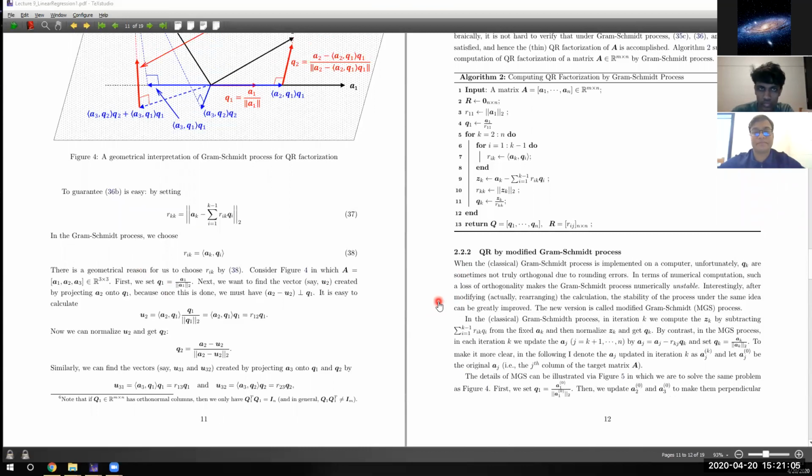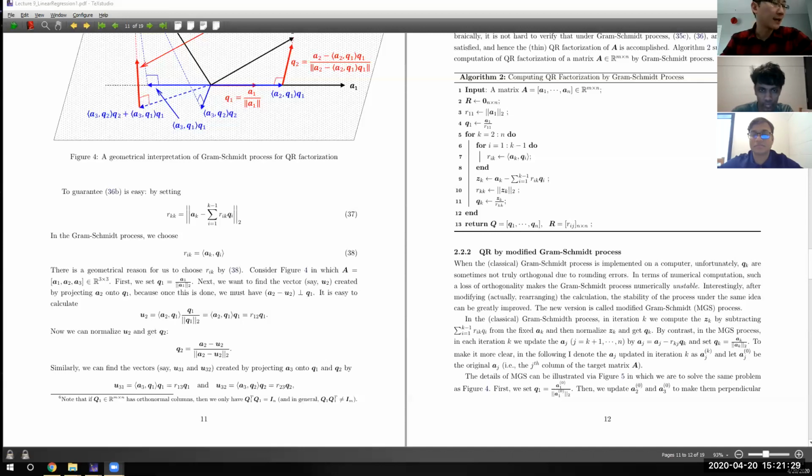In this book, anyway, let me see, where am I? I'm here. In this book, it introduced Householder triangular first, and the Gram-Schmidt method is something like additional.